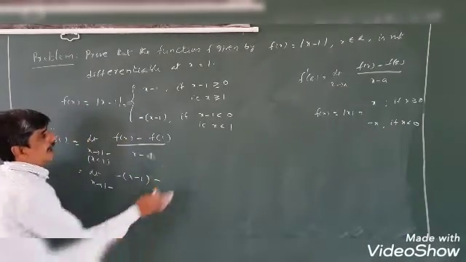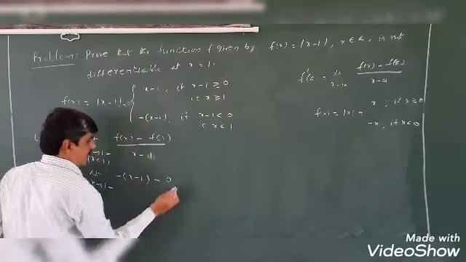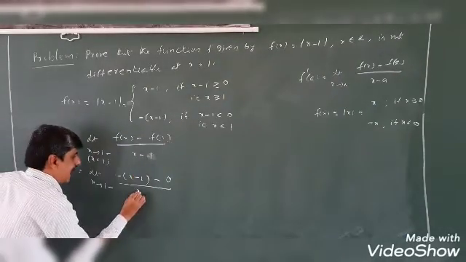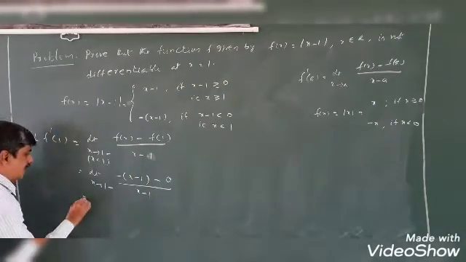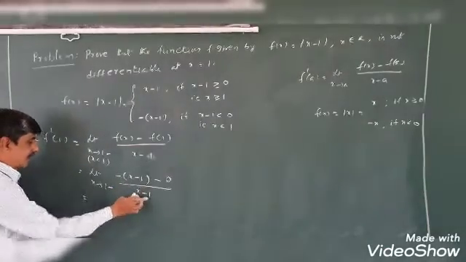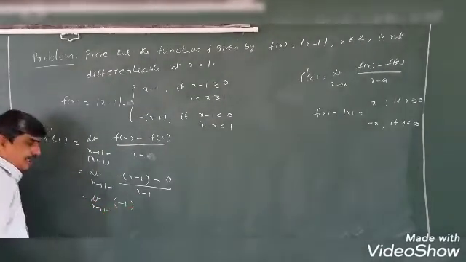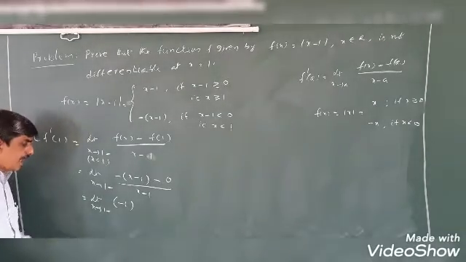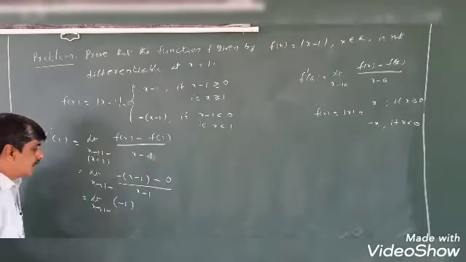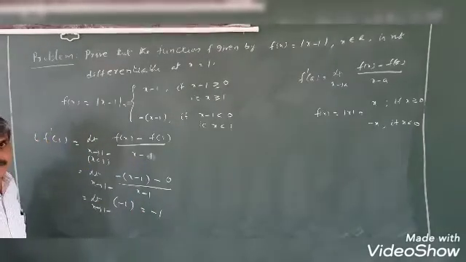At x is equal to 1, f of 1 is equal to 1 minus 1, 0. By x minus 1. So this is nothing but minus of x minus 1 by x minus 1. Then the limit as x tends to 1 minus of this value is equal to minus 1. Here there is no x. If x is there, we will write x is equal to 1 in its place. So there is no x, which means this limit value is minus 1.